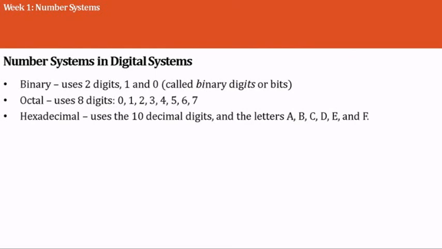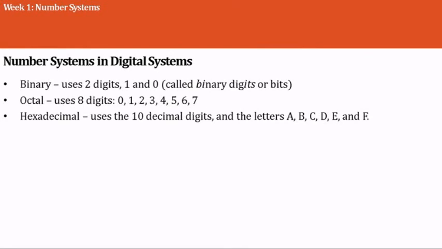So in digital systems, the most common number systems other than the decimal are the binary, the octal, and the hexadecimal. Binary uses two digits, 1 and 0, and they are called binary digits, or bits: bit 1 or bit 0. Octal uses 8 digits, that is 0, 1, 2, 3, 4, 5, 6, and 7.